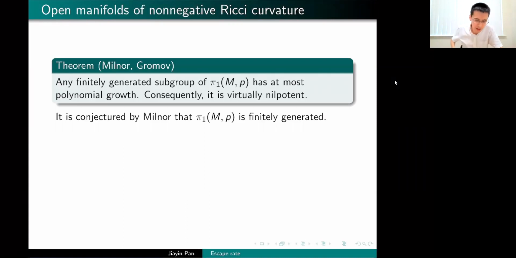Milnor showed that any finitely generated subgroup of pi_1(M,p) has at most polynomial growth. Then by a result of Gromov, such a finitely generated subgroup will be virtually nilpotent. We also mention that it's conjectured by Milnor that the fundamental group should be finitely generated if the manifold has non-negative Ricci curvature.